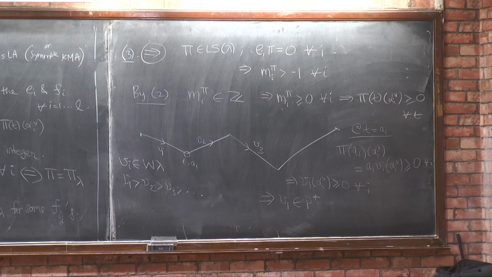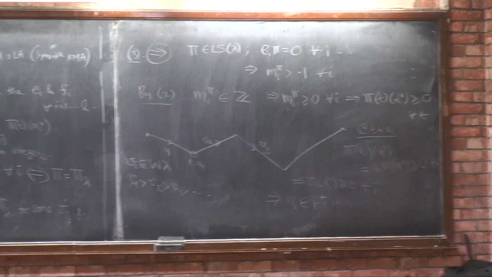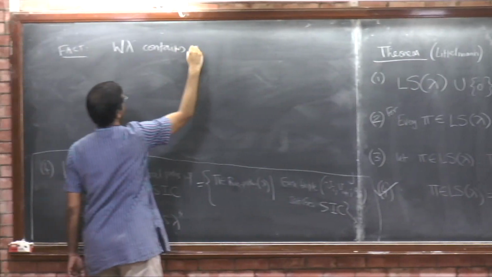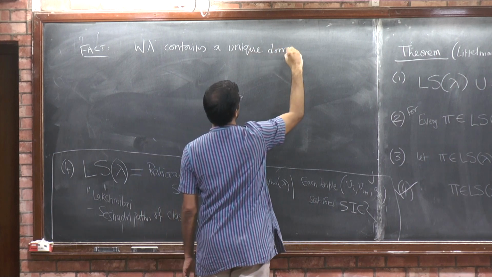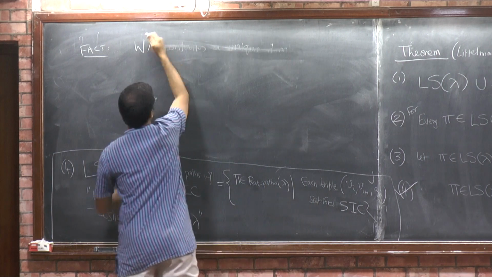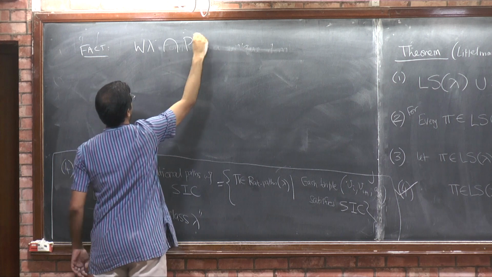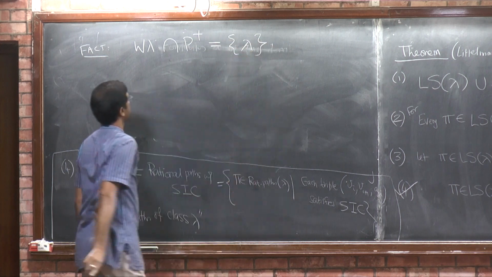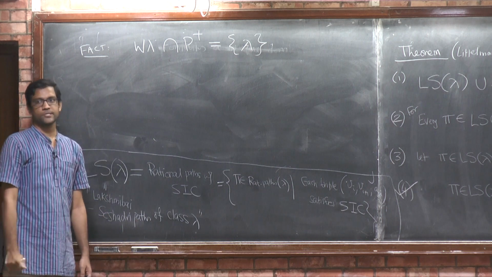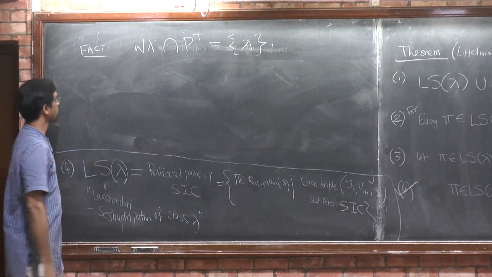So now I'm going to use some facts about the orbits of lambda. Fact 1: W lambda intersection P plus is just lambda, so it contains a unique dominant element.